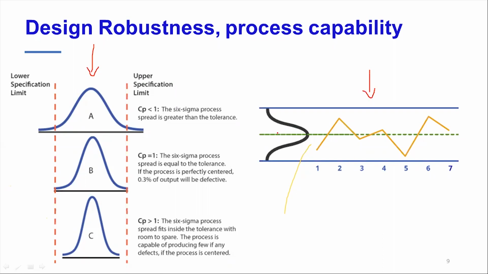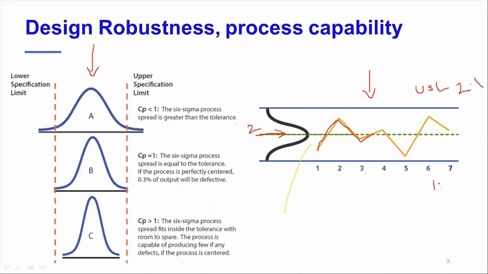So let's say this is your intended 2 mm thickness for the pump wall. If I am varying between this and this, it is okay, because this is my upper spec limit, which is 2.1, and this is my lower spec limit, which is 1.9.